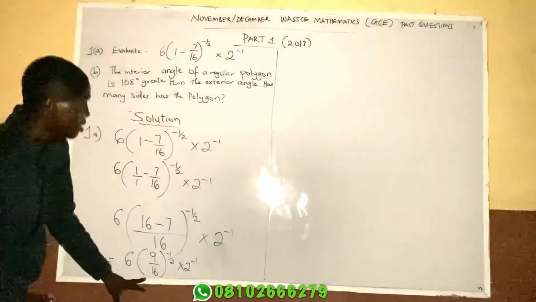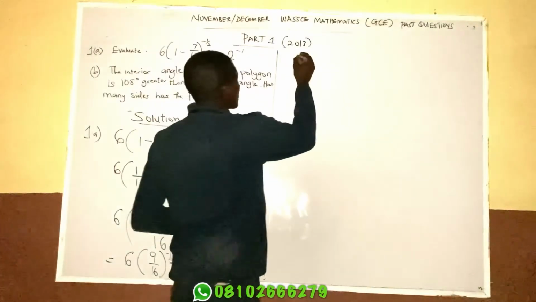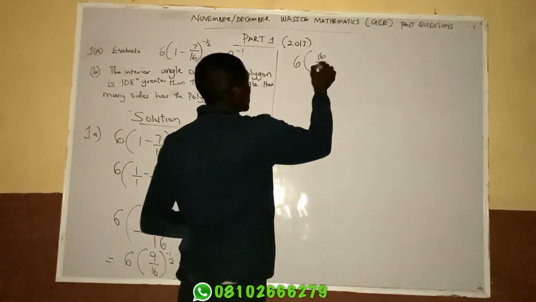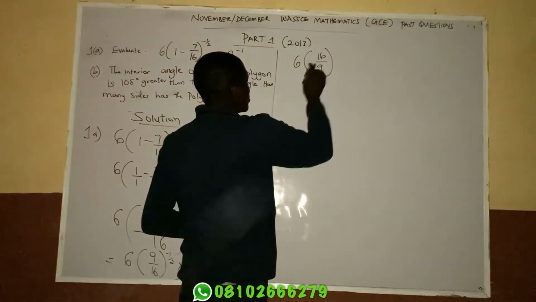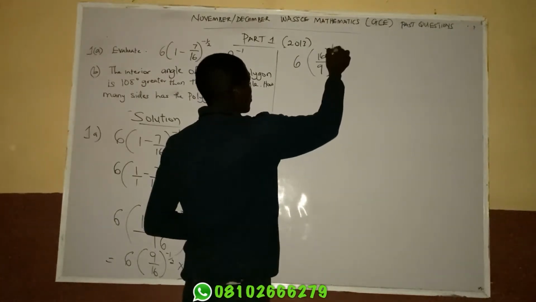So this expression now becomes 6 into bracket 16 all over 9, bracket close, raised to power half.